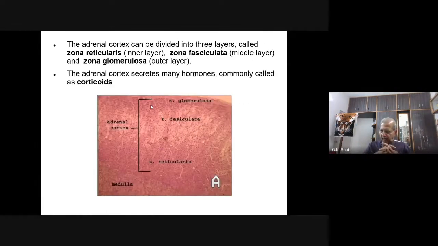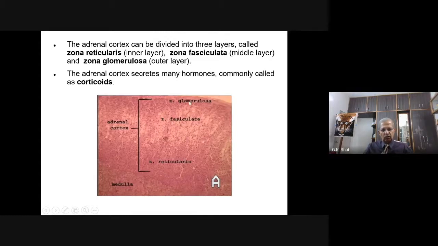Now let us come to the adrenal cortex. The adrenal cortex can be divided into three layers: zona reticularis, that is the innermost layer, zona fasciculata, and the outermost layer, the zona glomerulosa. This is very important.